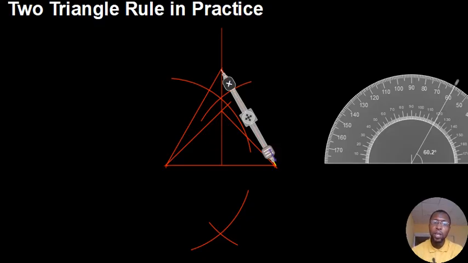Having achieved that, I can now swing my compass to draw a circle, and from there I will be able to construct my hexagon shape. All right, so this is where we shall be drawing our curtain. But before that, let's quickly conclude.